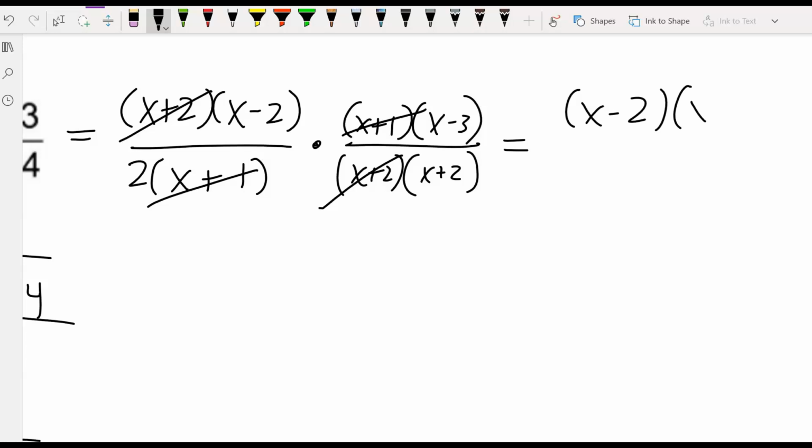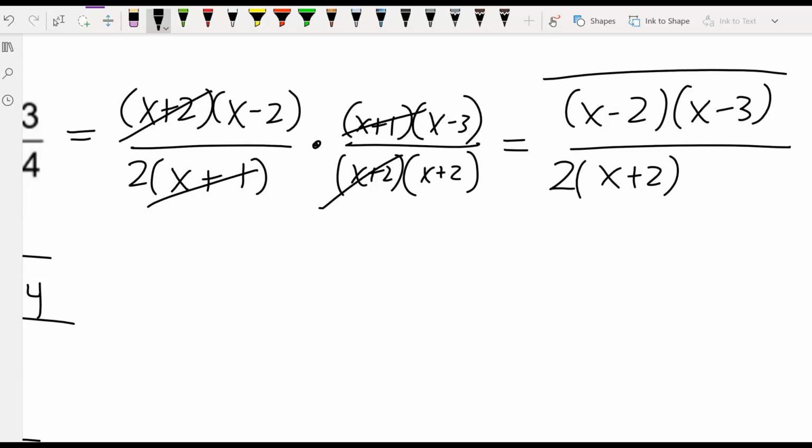No. All right, there's not a single 2 on the top, so we leave it. And then we don't have an x plus 2 on the top, a second one. So that x plus 2 will stay. So you have to have 2 of those in order to cancel out both of them.